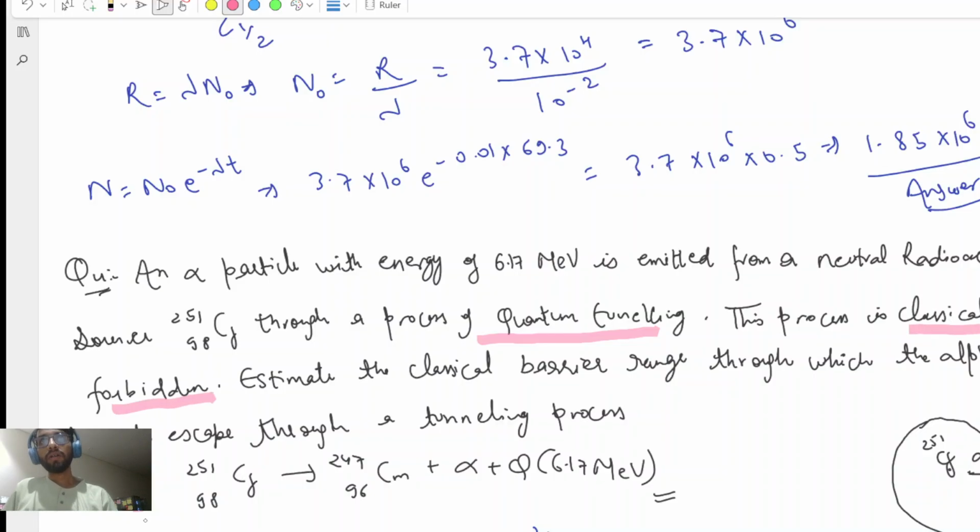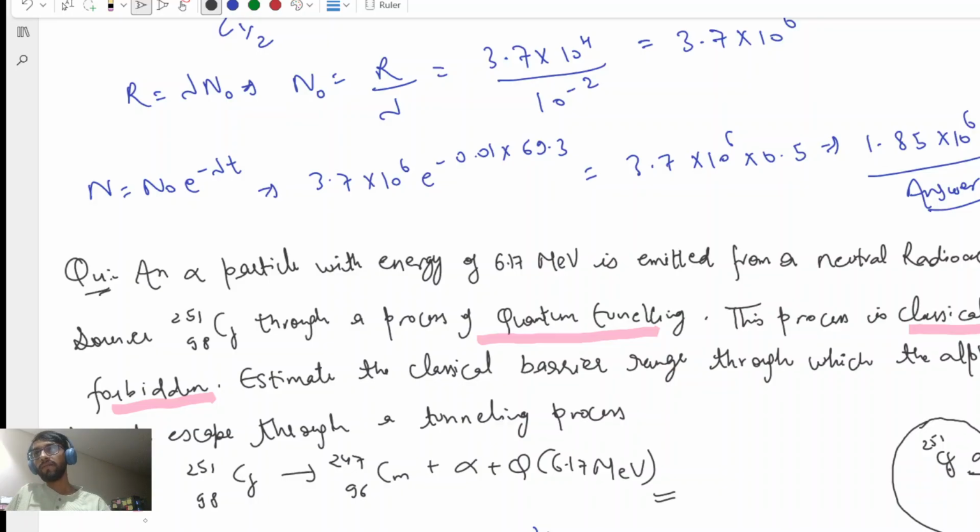Why is it so? We will see why this alpha particle escapes through quantum tunneling, not classically. Actually, what happens is that when the alpha particle is released, there is an electrostatic force, the potential. Say the potential V is greater than 6.17 MeV.